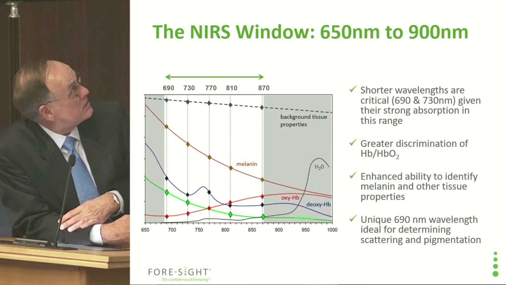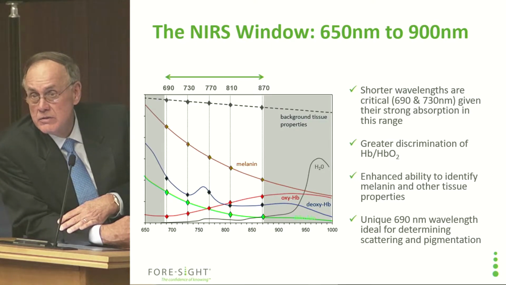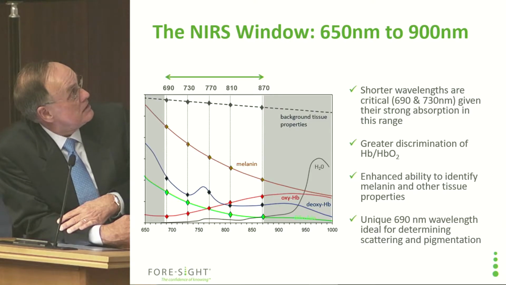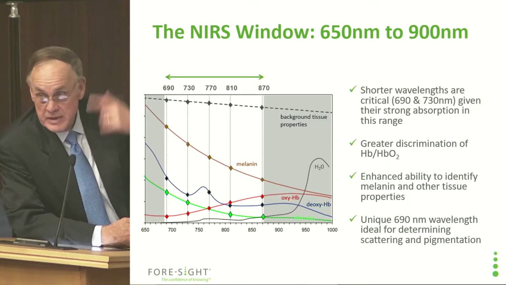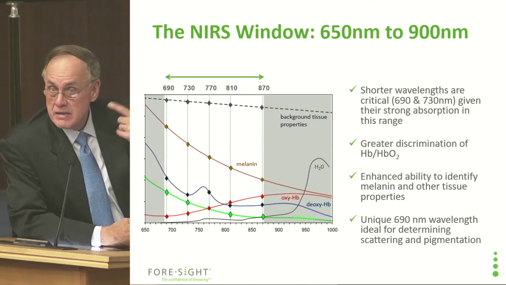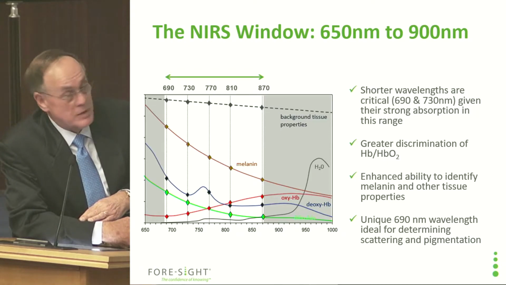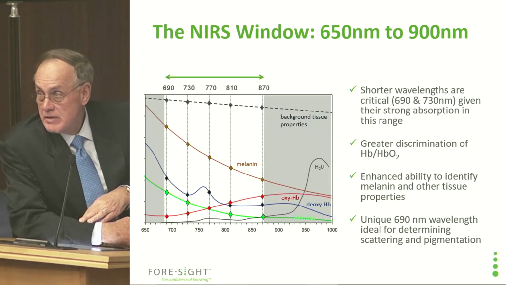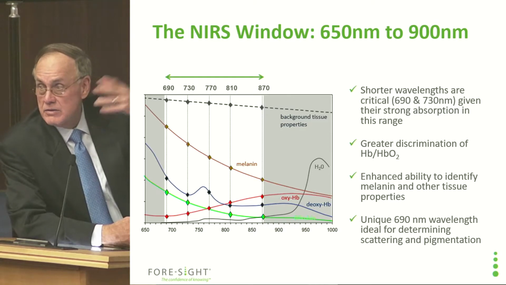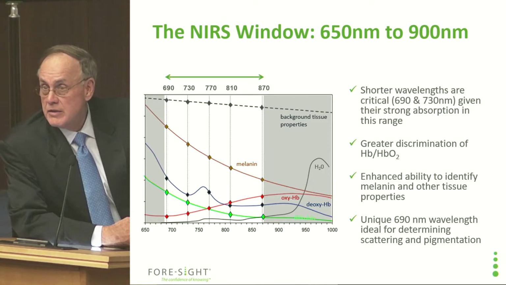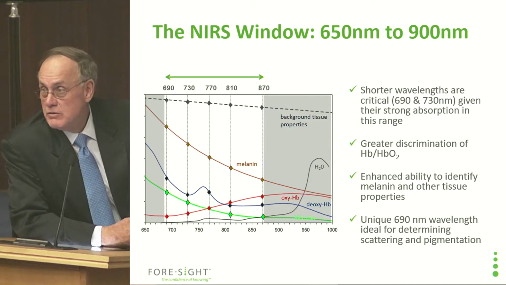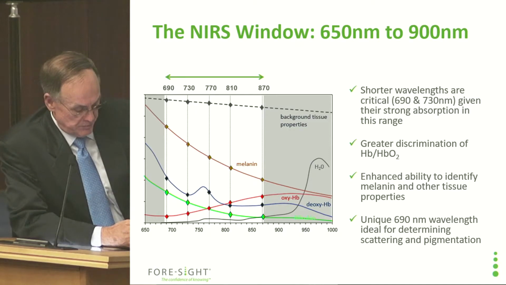So these are the 5 wavelengths that we use: 690, 730, 770, 810, and 870. And this is all near-infrared light, which our eyes can't see. Below 650 nanometers is visible light, the light you have in the room. Obviously, it doesn't go through skin or bone, so it's not usable for this technology.